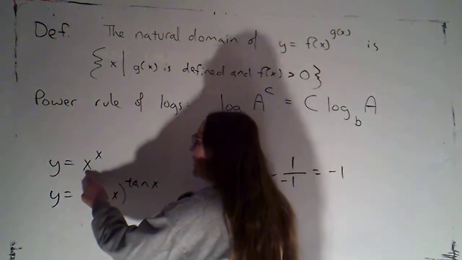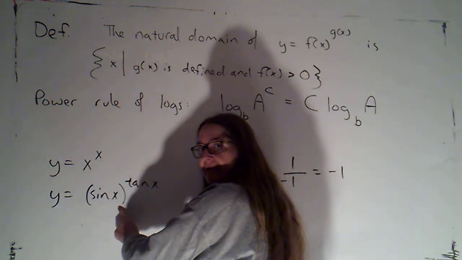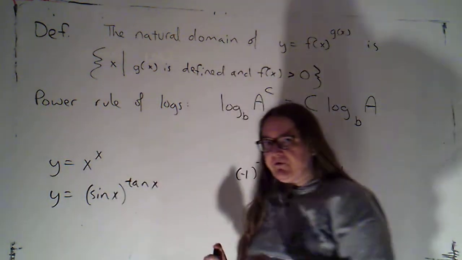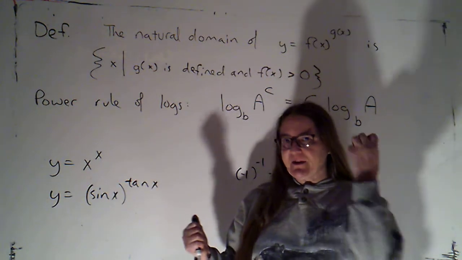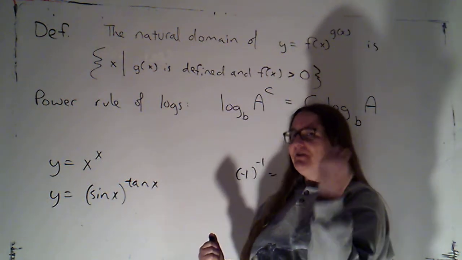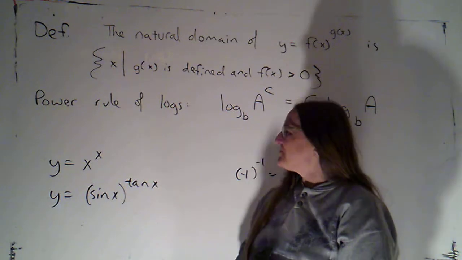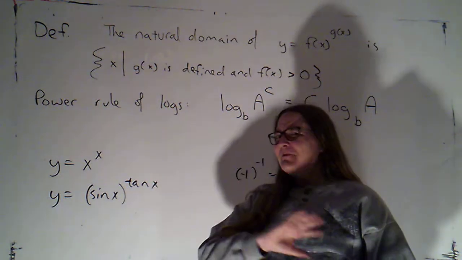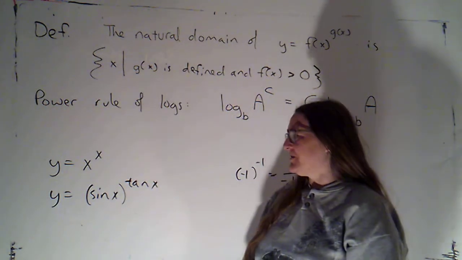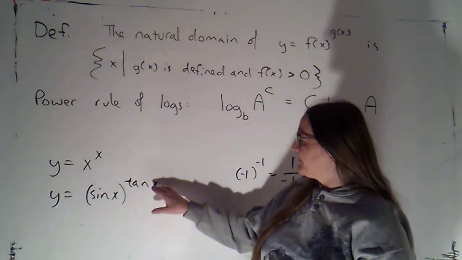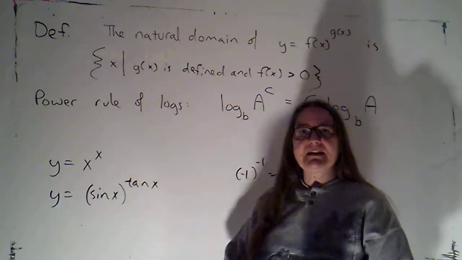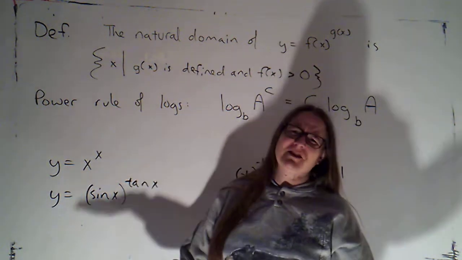So if we allowed negative numbers in the base, we would have to remove any rational number with an even denominator from the exponent, and we would also have to remove irrational numbers from the exponent if they went along with a negative base. That's just a mess.